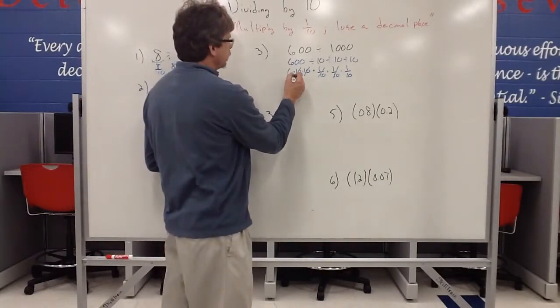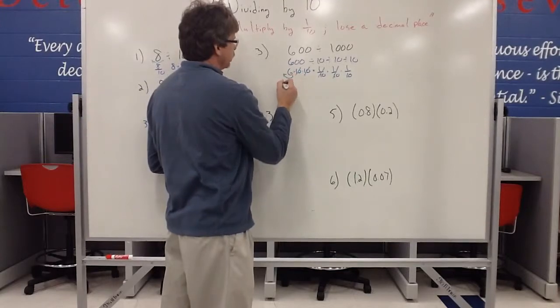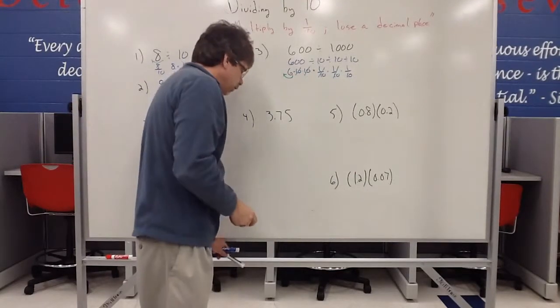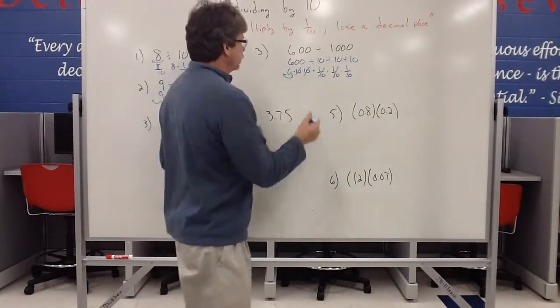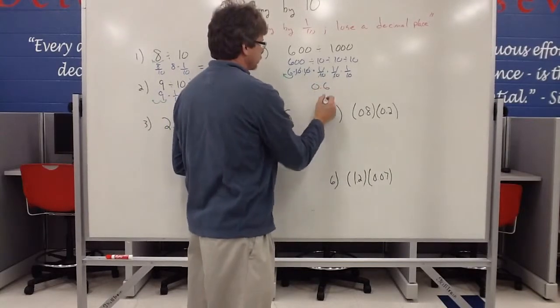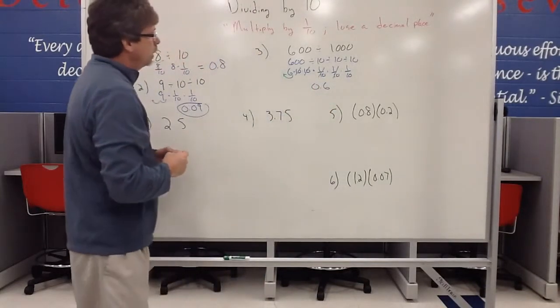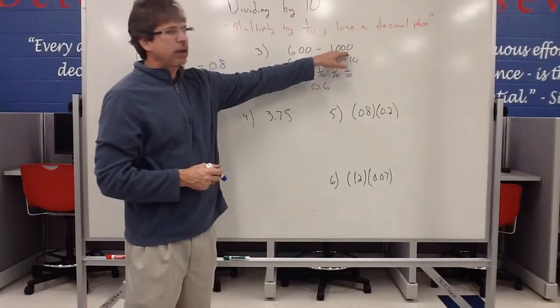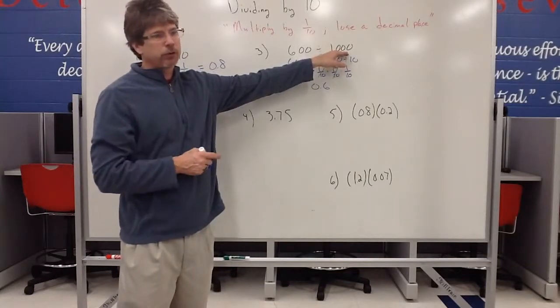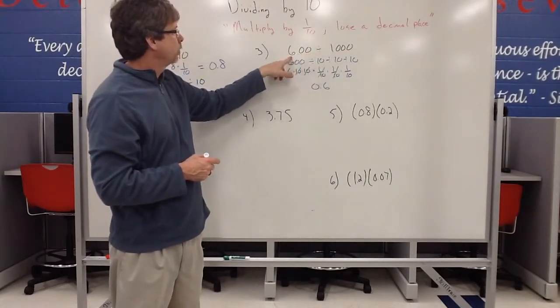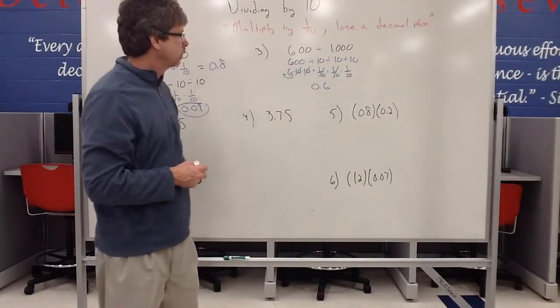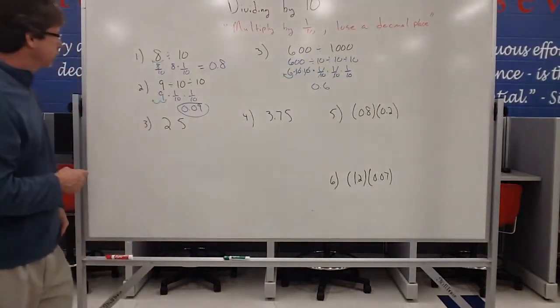So on the 6 here, that decimal is actually going to slide over to the other side of it. So that answer is going to end up being 6/10, 0.6. So again, divided by 1,000 is essentially like moving the decimal 3 places to the left. 1, 2, 3, and that gets you back to that same spot. So a couple ways to see that.